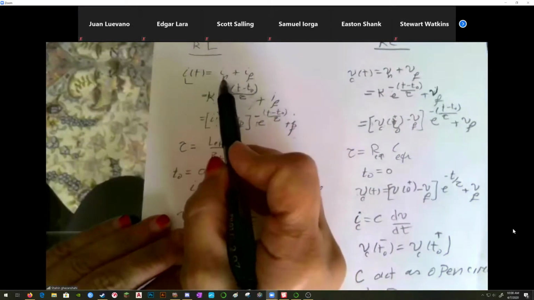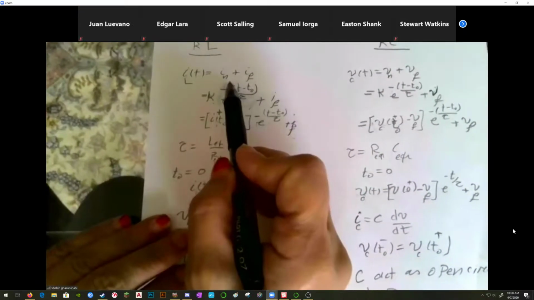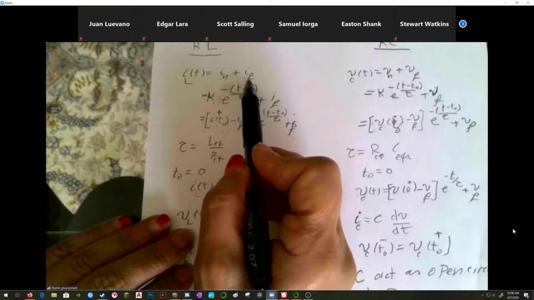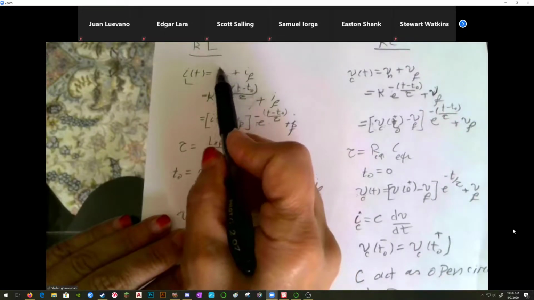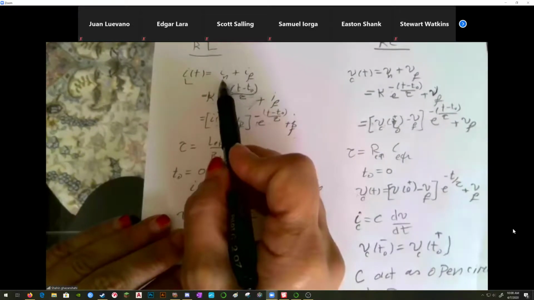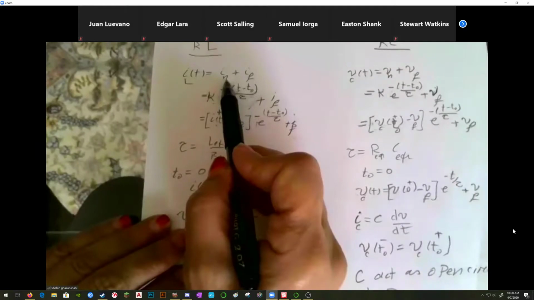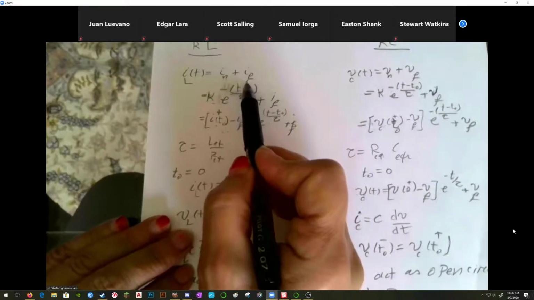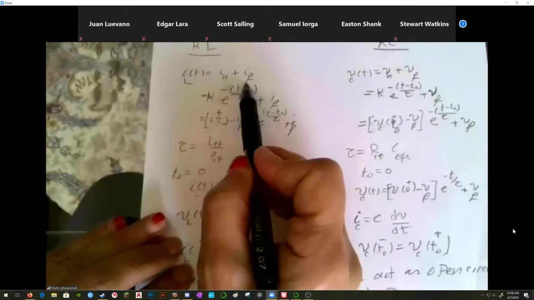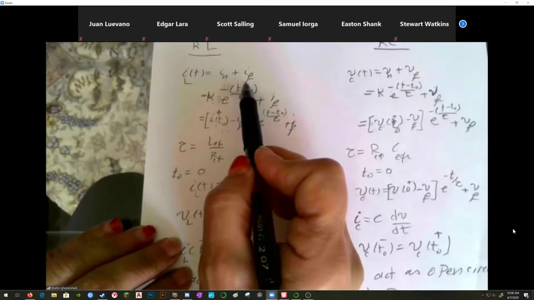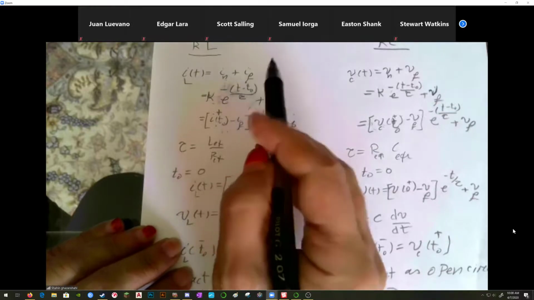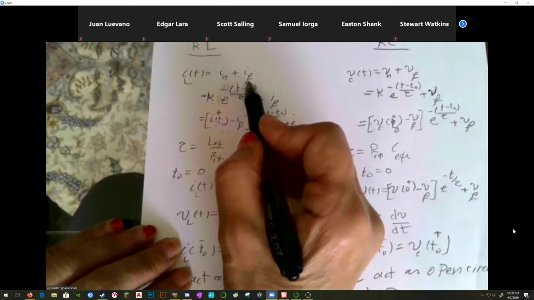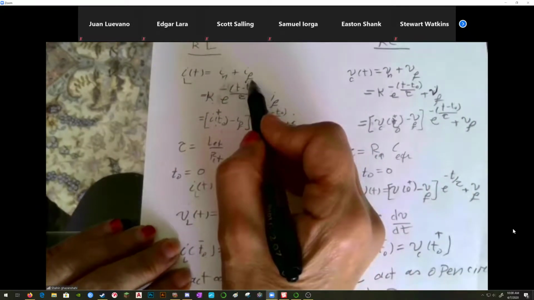When we solve the differential equation in math, the solution is always the sum of two solutions. One is the homogeneous solution, which here we call the natural response or transient response. The other is the particular solution, a solution due to your forcing function, which in engineering we call the forced response or steady state response.